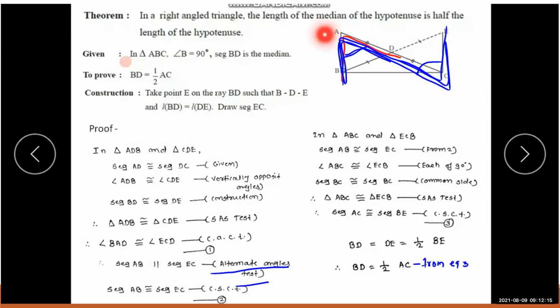This means AB is parallel with segment EC.